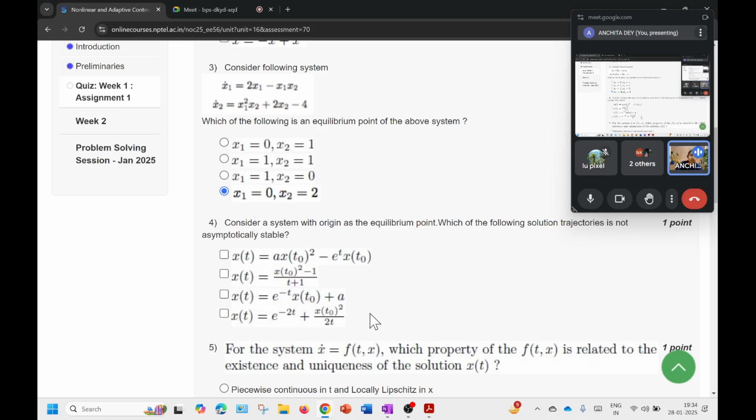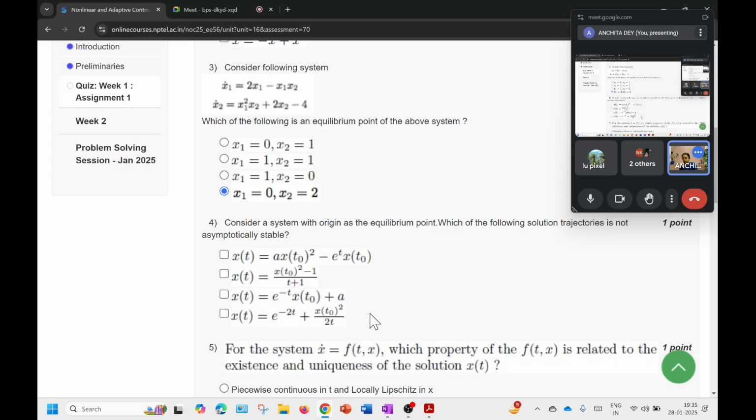For the second term, you have a constant a. Will it go to 0 at any point of time? Yeah, unless a is 0, there is no convergence. Although e to the power minus t will go to 0, the other term will not. So this is not going towards 0, so it will not be asymptotically stable.